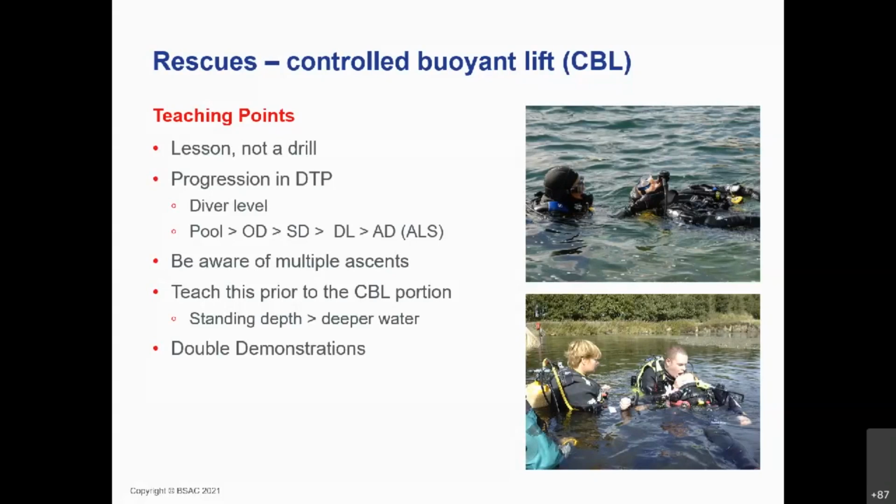So being able to rotate through your students so everybody gets a chance to observe, and probably everybody gets a chance to experience being a casualty, and everybody, of course, gets a chance to mimic and carry out the skill themselves. Obviously we've broken it down into manageable steps as we're teaching it, but these double demonstrations mean everybody can see what's happening and everybody gets a chance.